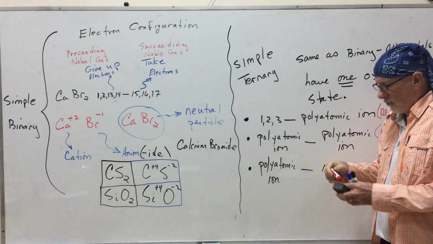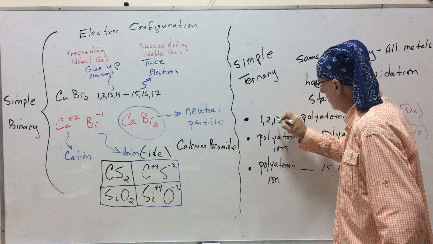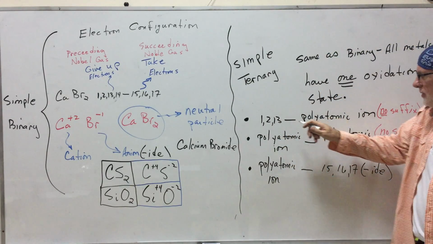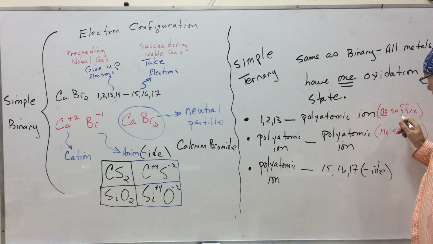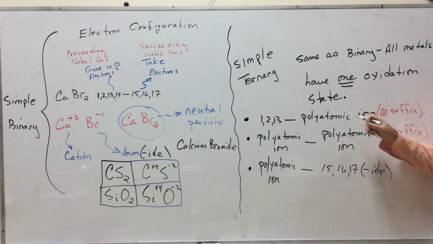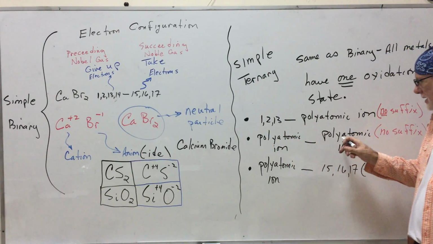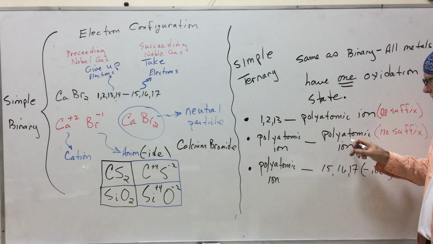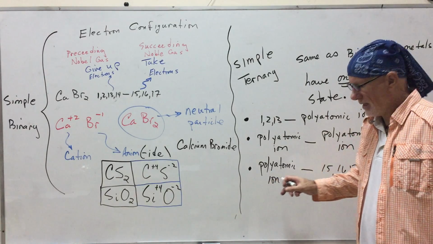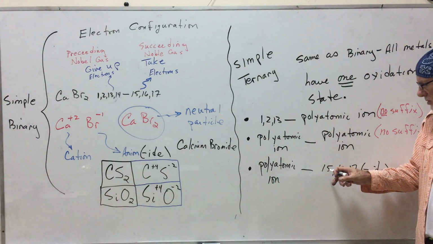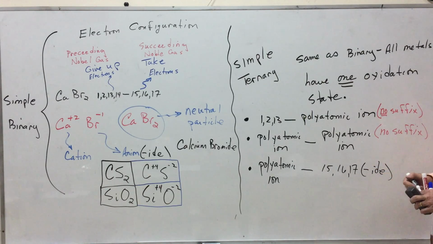However, you can have 1, 2, 13, and then you have that attached to a polyatomic ion. I'll explain in a second. And you have no suffix, just the name of the polyatomic ion, or you have a polyatomic ion and group 15, 16, 17 with the suffix IDE.